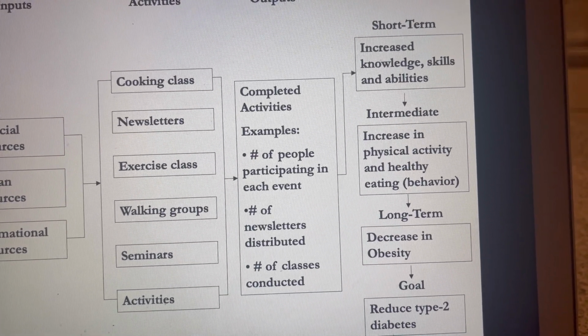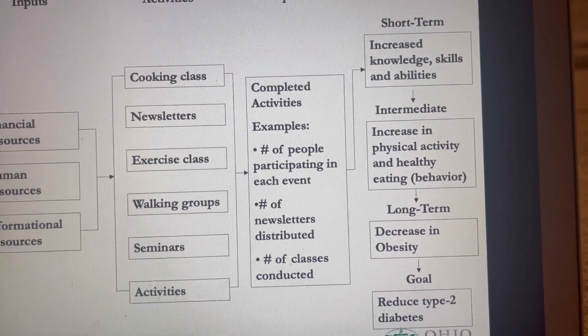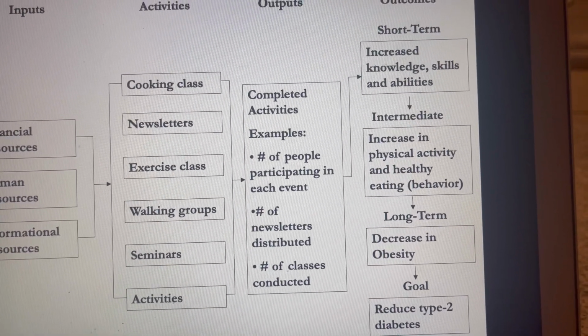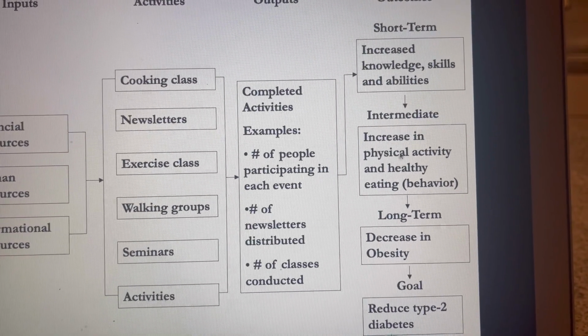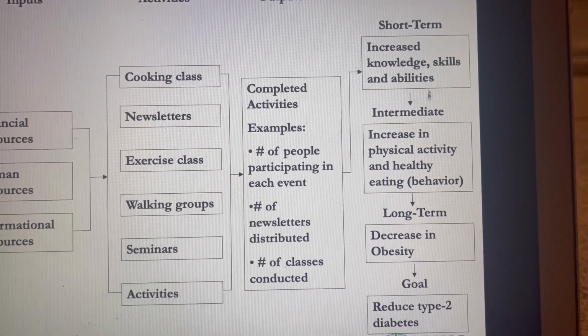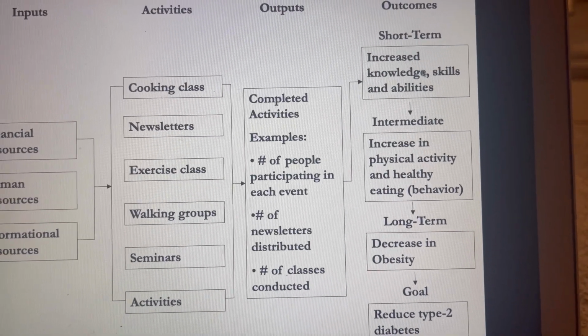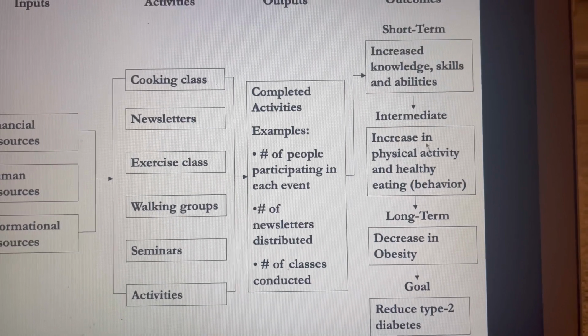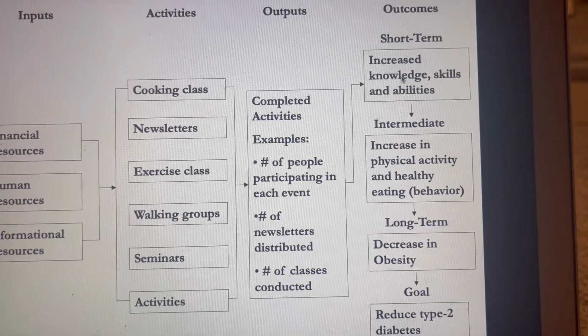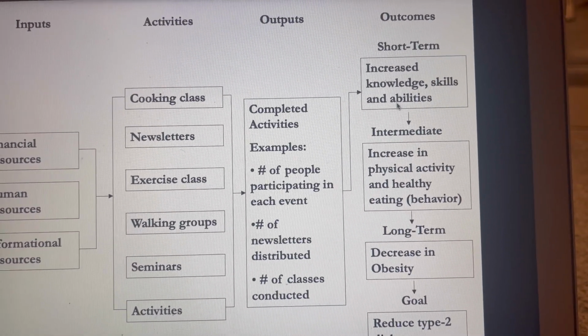Then after that, we're looking at our short-term outcome. So for our behavioral changes, in order for us to have our behavioral changes, what do we need to do? Is for us to have a short-term outcome. So what do we need to put in to get a behavioral changes? That comes with increase in knowledge, skills, and ability, which is what?